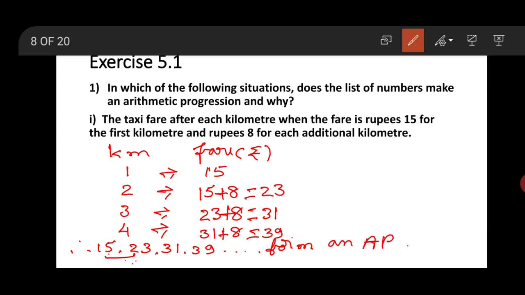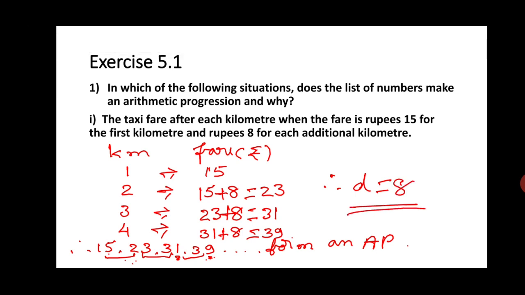Again here also the common difference is 8. Here also the differences are the same, right? So they have a common difference. I will write here: common difference d is equal to 23 minus 15, which is equal to 8.